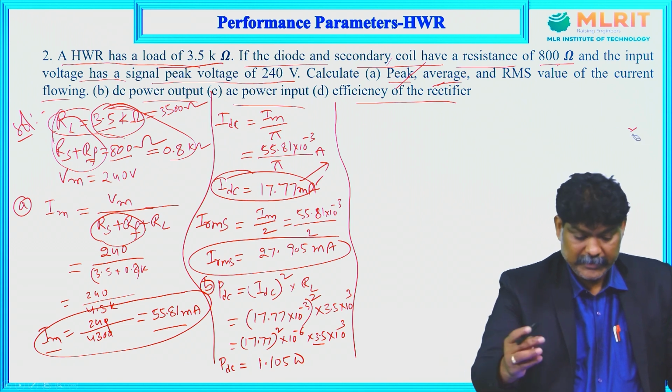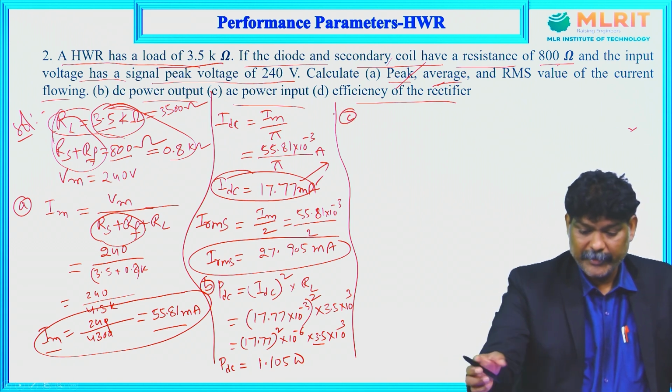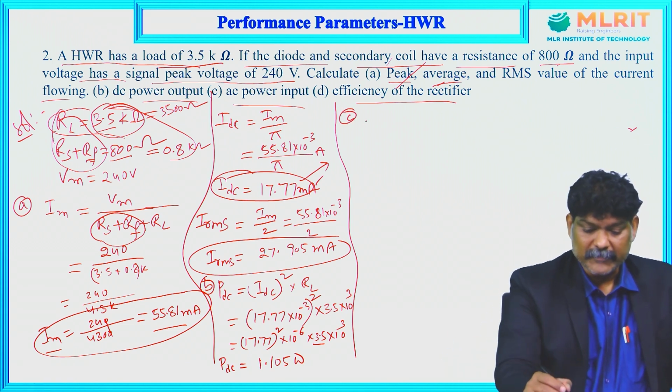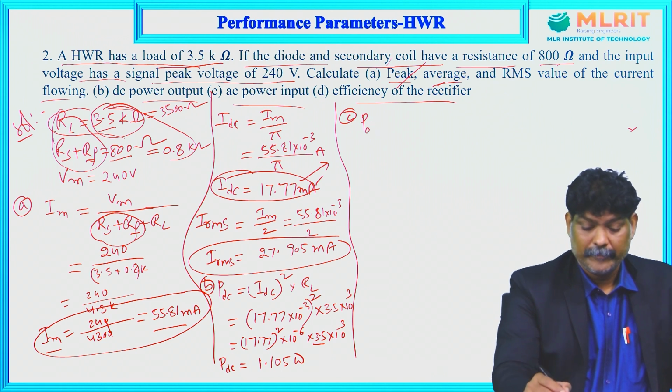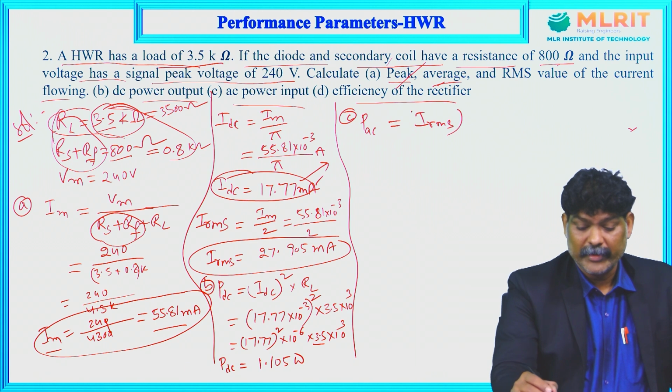Similar to this, the next is C. C bit is AC, that is PAC, AC input power. AC input power is given by IRMS square into RL.